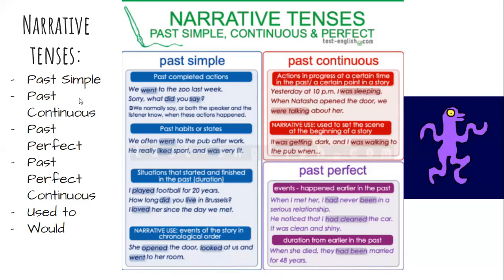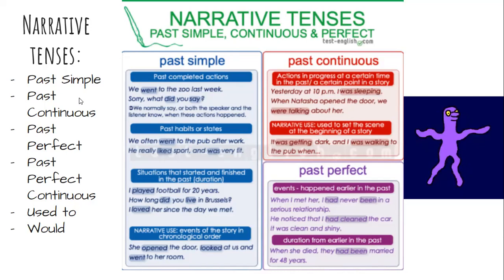Okay, in narrative tenses, when we are writing a story and we have events that come one after another, like a sequence, we are using the past simple. Another use is when we are interrupting the past continuous with something.